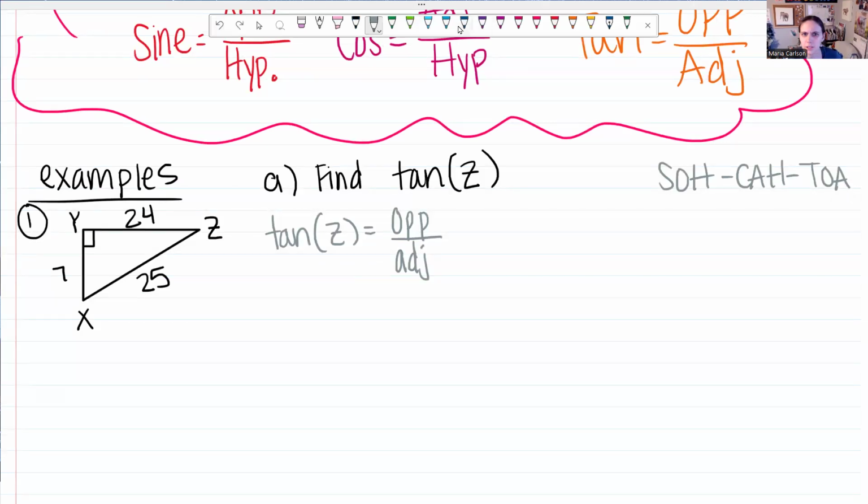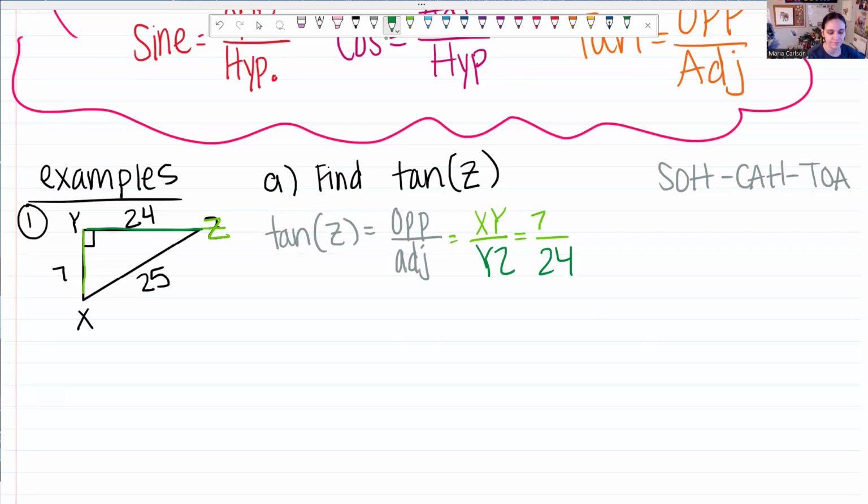So let's look at Z. Where is Z here? So here's angle Z. My opposite side, that would be XY, which is really 7, over the adjacent, which is 24, or YZ. So tangent is opposite over adjacent of this angle Z, which in this case is 7 over 24.